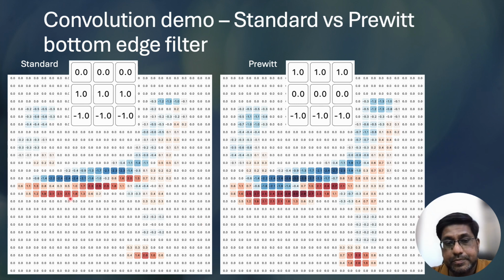And as you can see, the Prewitt bottom edge filter is giving us more details of the bottom edge as compared to the standard filter. So it is clearly seen that the Prewitt filter is better in terms of extracting the desired feature compared to the standard filter. So again, depending on the applications, we have different options for the filters.